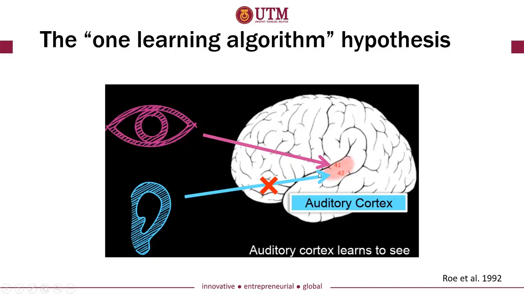This research said that if you disconnect your ears from the auditory cortex and connect your eyes to it, then the auditory cortex learns to see instead of learning to hear.